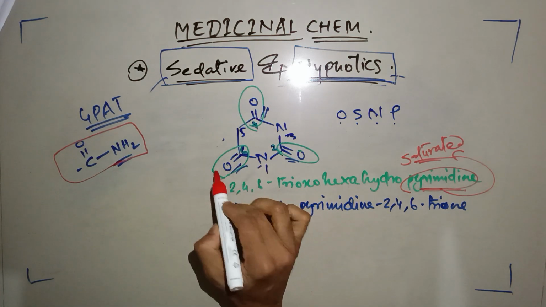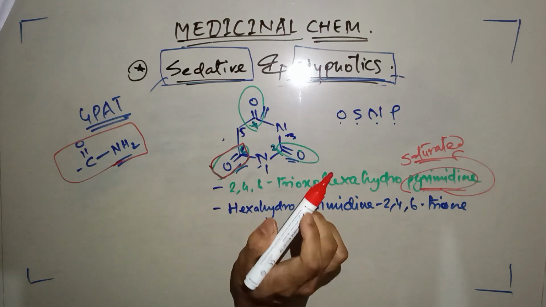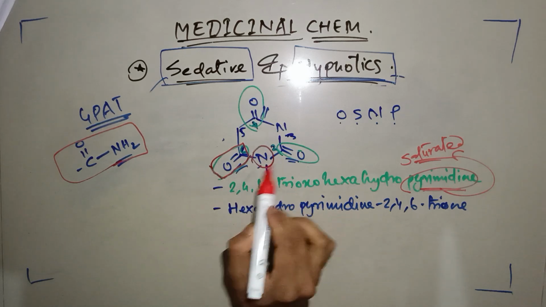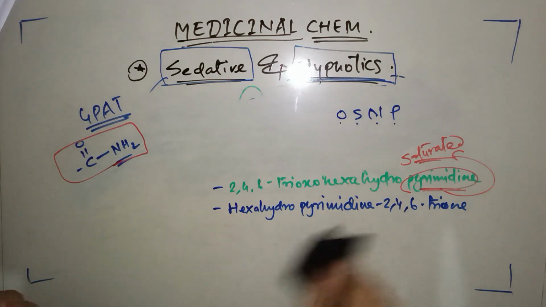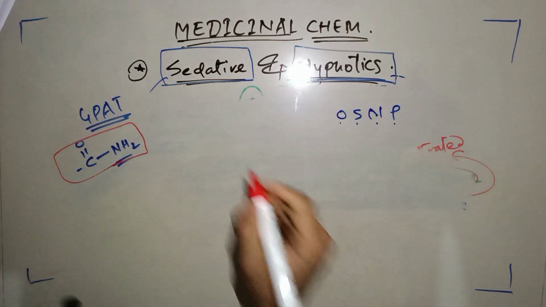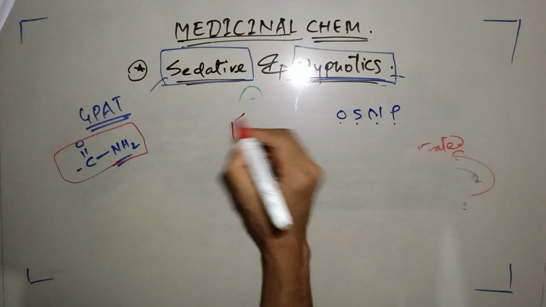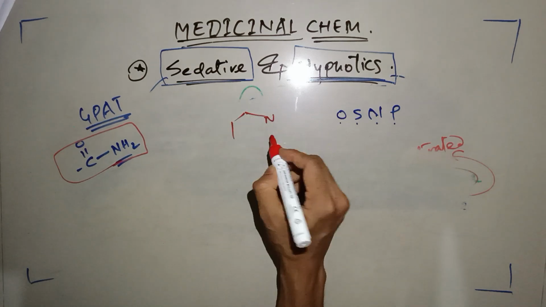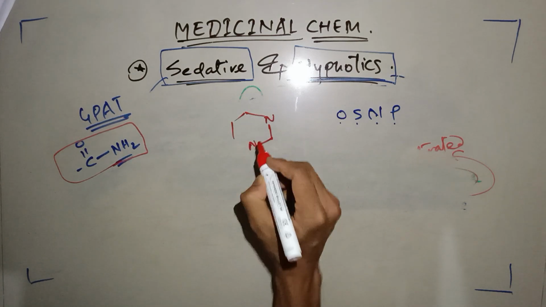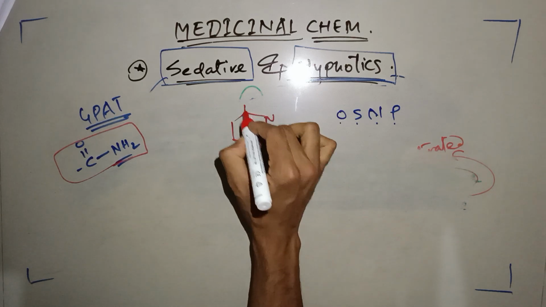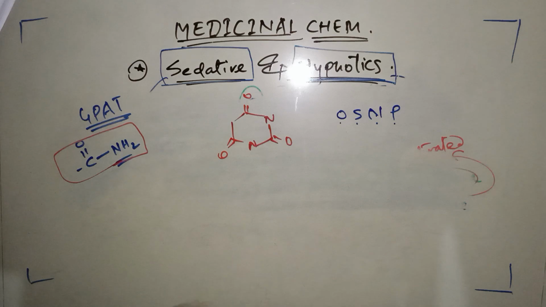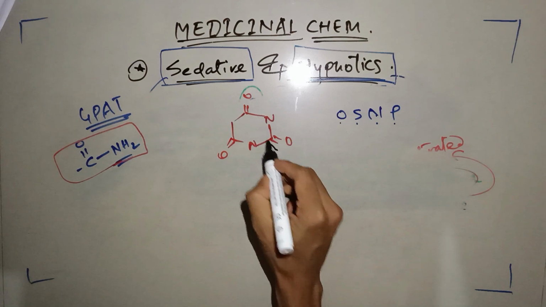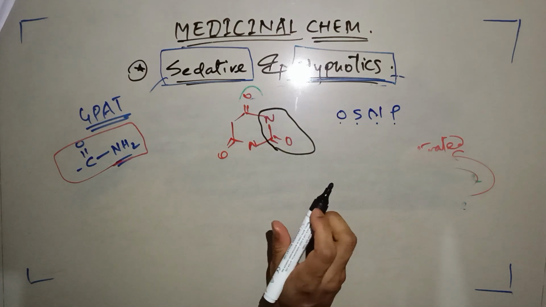See, this is C double bond O, and this is the nitrogen. So this structure is called amide. That's why it is also called an amide derivative.